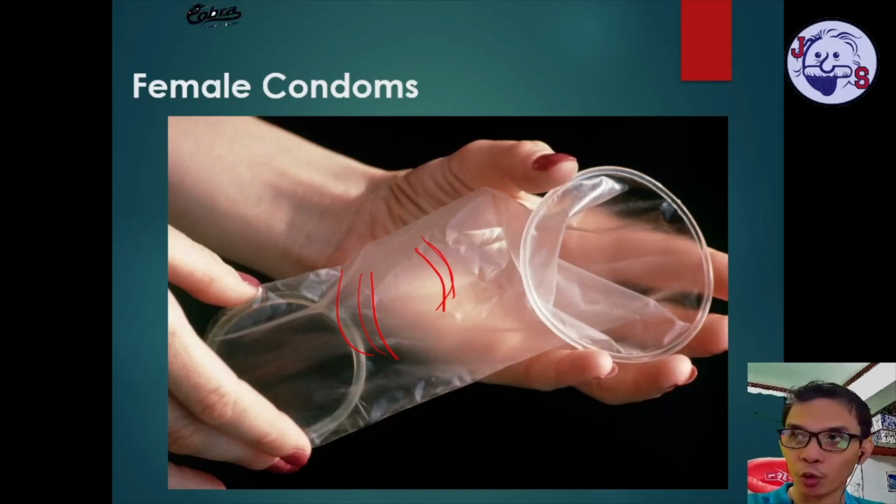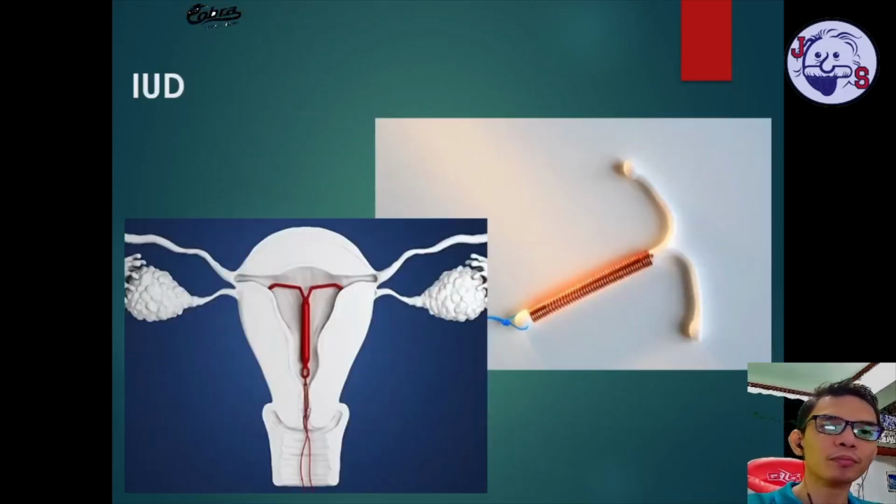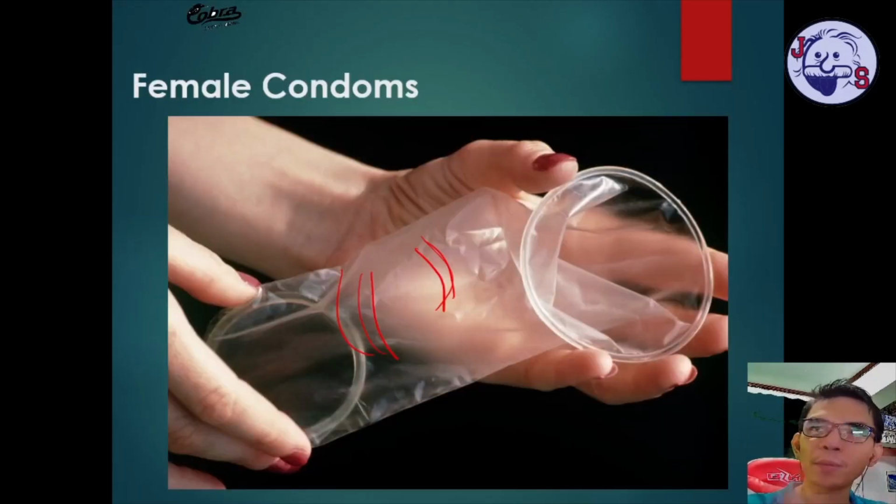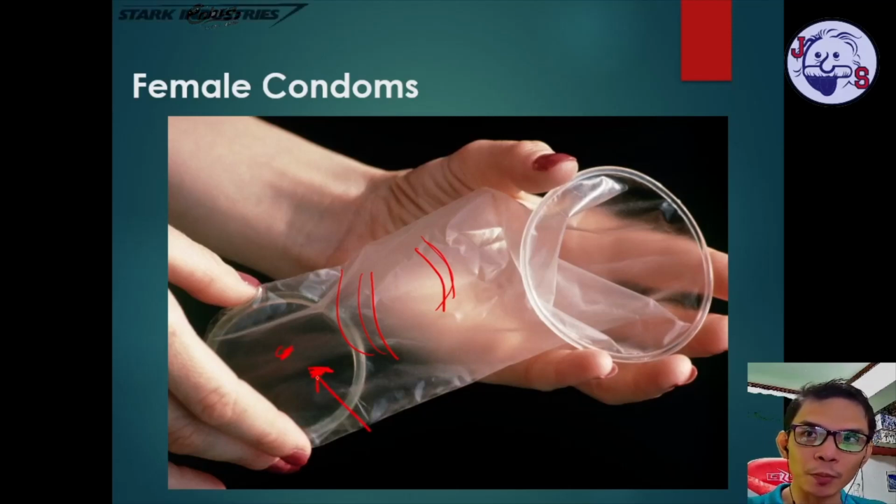That's the purpose of this. Also, the female condom prevents pregnancy because it will trap the sperm on this side, so it will not get to the cervix, as intended. So that's the female condom.